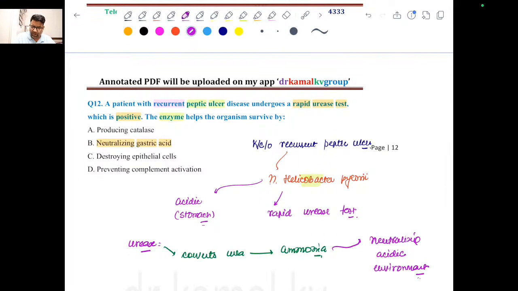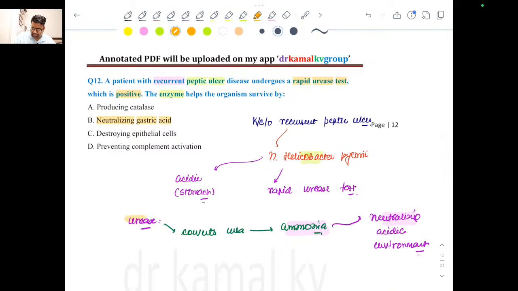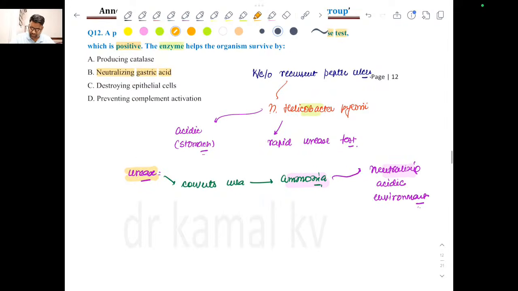So this is very important. There is formation of ammonia, and this neutralizes the acidic environment, and that's how Helicobacter pylori can survive in such a highly acidic environment, right? So this is because of this particular urease enzyme. Yes, so it is neutralizing gastric acid.